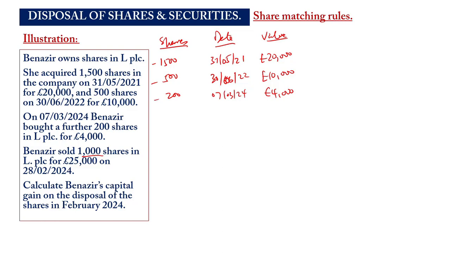So the share matching rule is saying that the first point is to use the cost of shares that were bought on the same day of disposal. So the disposal date is 28th February 2024. Do we have any shares that were bought on 28th February 2024?